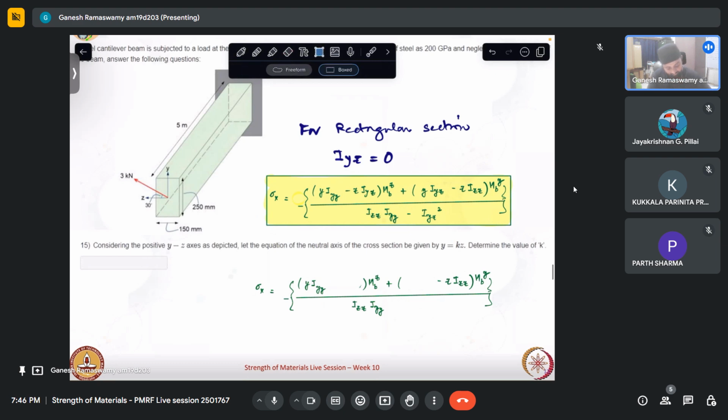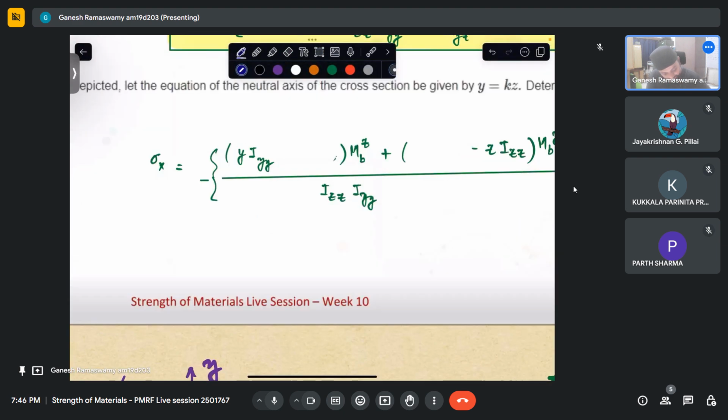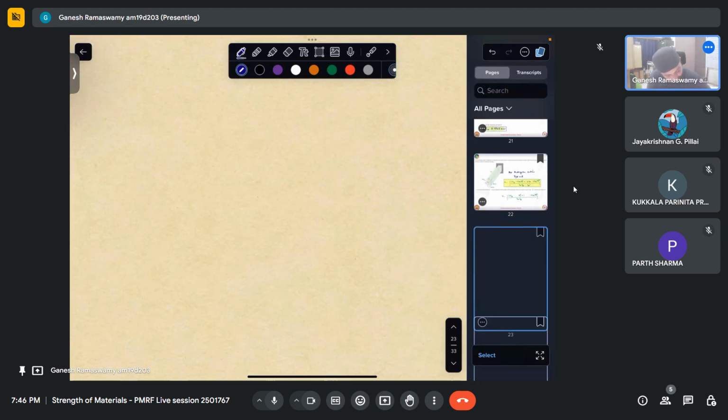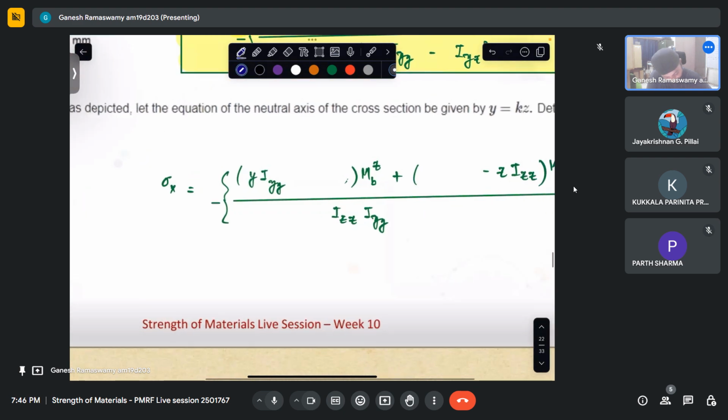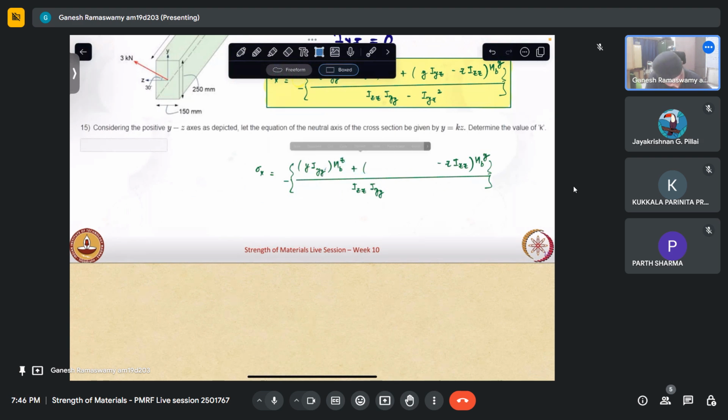So the expression waters down to this quantity.